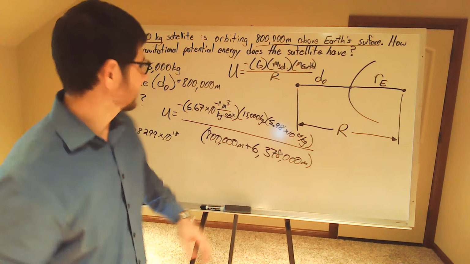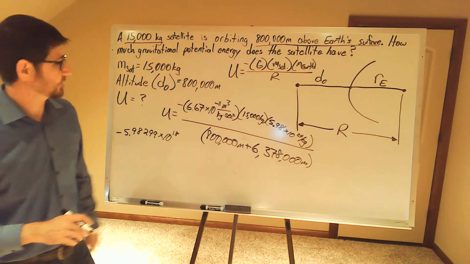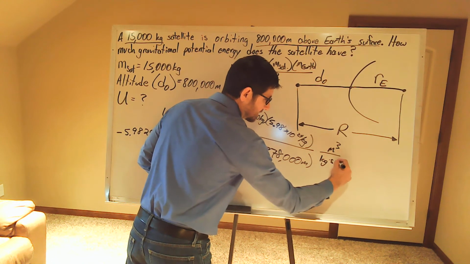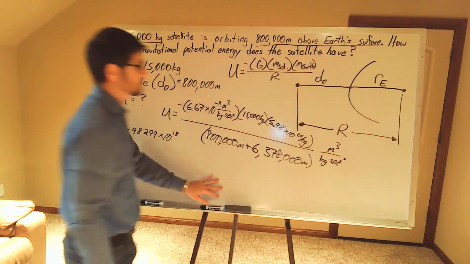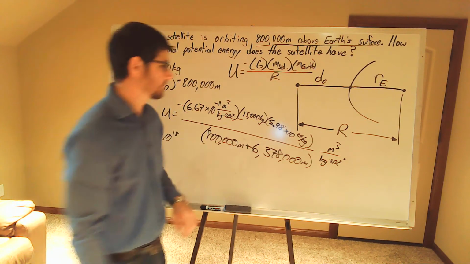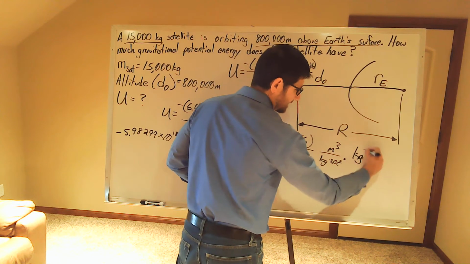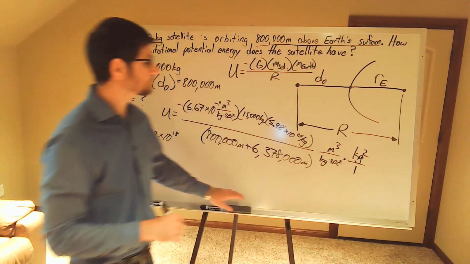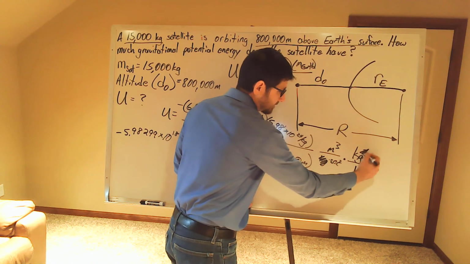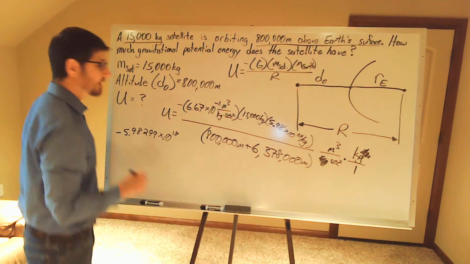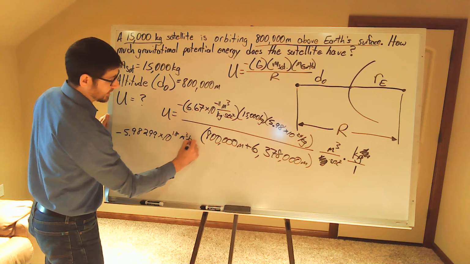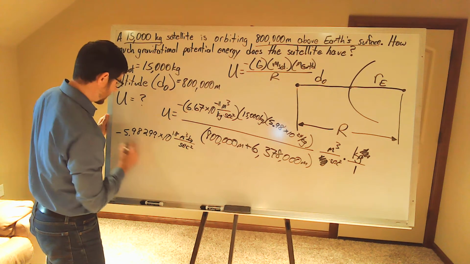Now let's take a look at our units. Right here I have meters cubed per kilogram second squared, times a kilogram times a kilogram, which is going to give me kilograms squared. Algebraically, I can write that as kilograms squared over 1, so one of the kilograms cancels out. In my numerator, I'm left with meters cubed times kilogram over second squared.